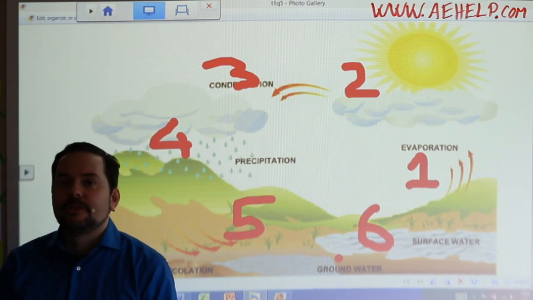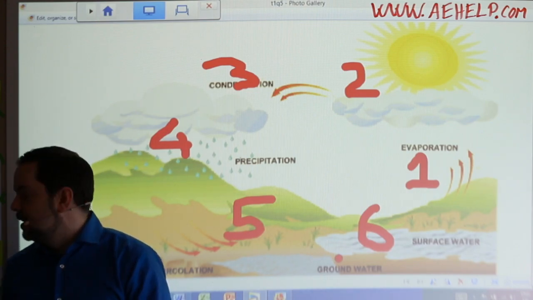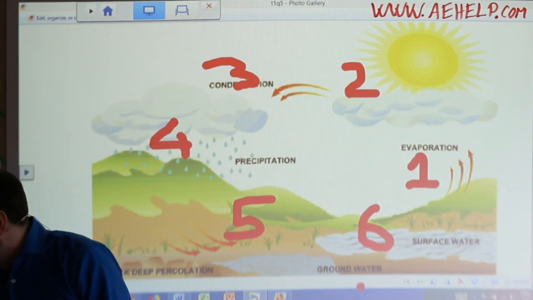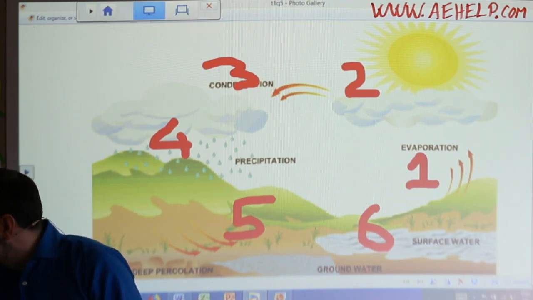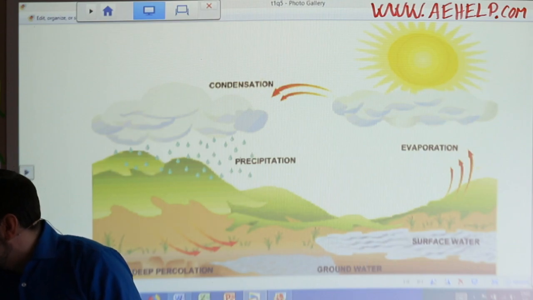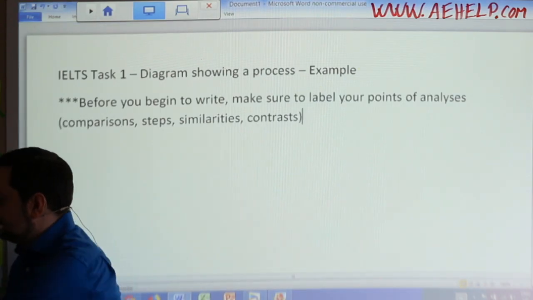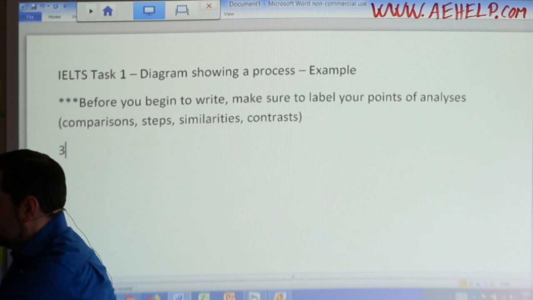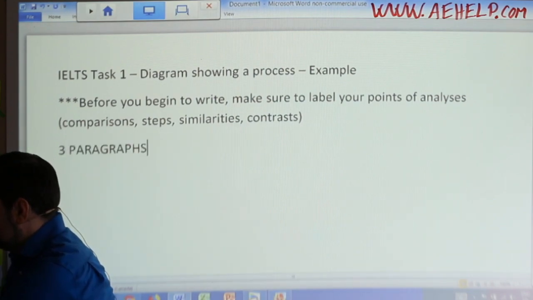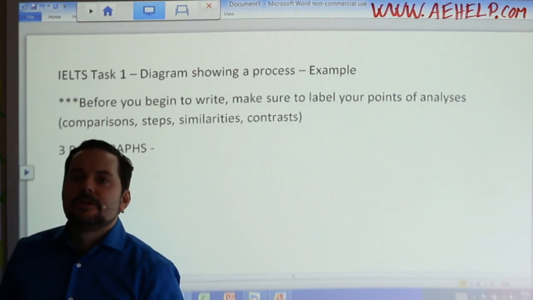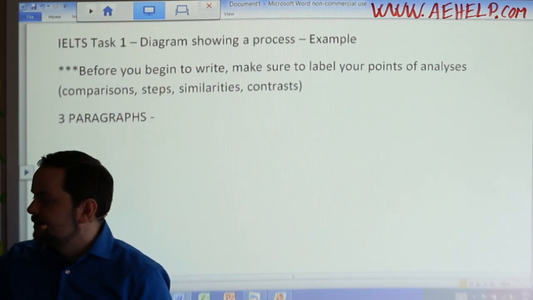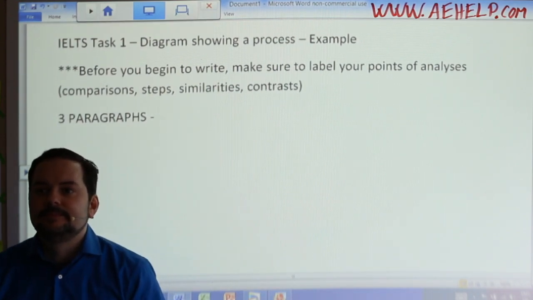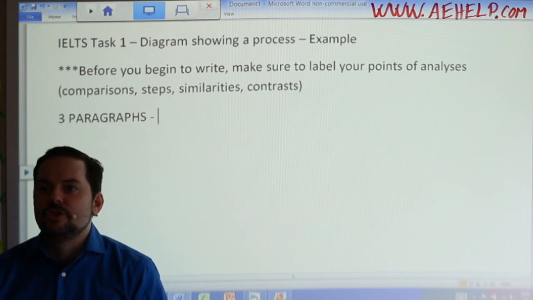Okay, now remember that the task 1 of IELTS has 3 paragraphs. Does anybody know what the 3 paragraphs are for task 1? So what are the 3 paragraphs for task 1? What should you write first?